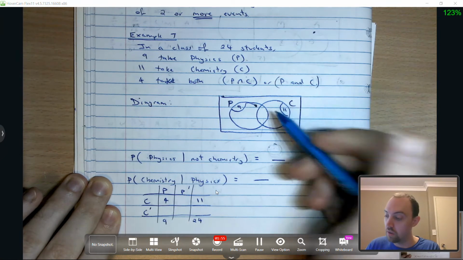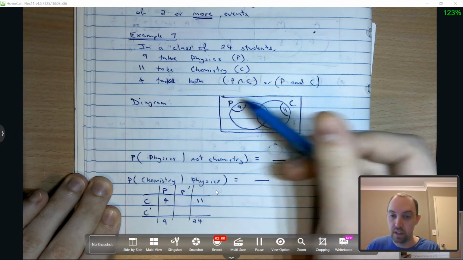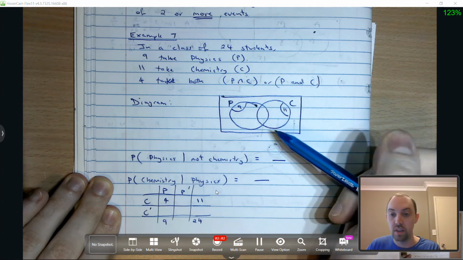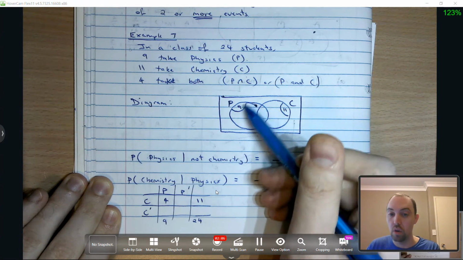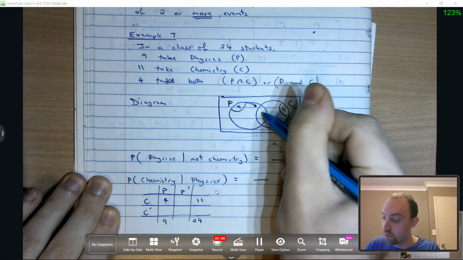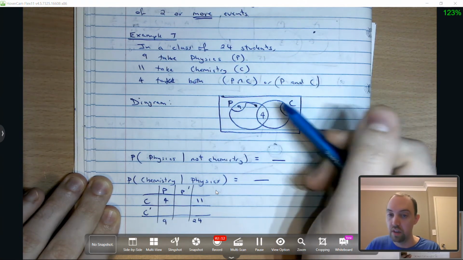I've already got a Venn diagram set up, labeled P and C so I know which set is which. The little bubble indicates the total number of elements within the whole circle. And I know 4 goes in that part because that is both physics and chemistry.